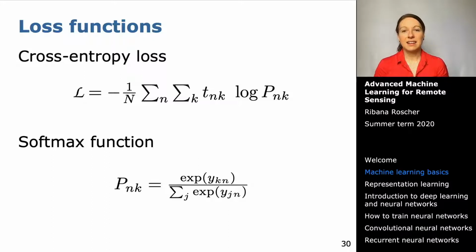And these are exactly the same characteristics as for the targets. In the ideal case, the probabilities equal the targets. The probabilities are computed with a softmax function. In the softmax function, you have given y, and y is the output from the classifier.